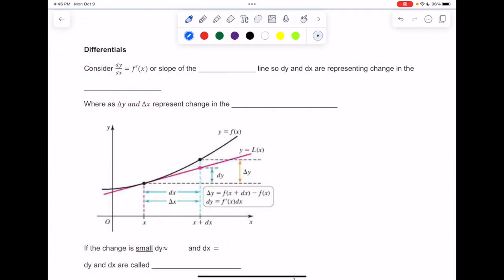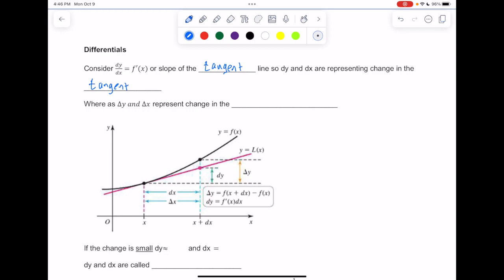All right, let's explore this a little bit more through the topic of differentials. Consider dy/dx equals f prime of x, or the slope of the tangent line. The dy and the dx represent change in the tangent line. So when we think of f prime of x as slope, we would think that slope is usually change in y over change in x.